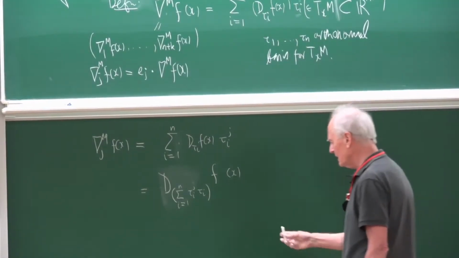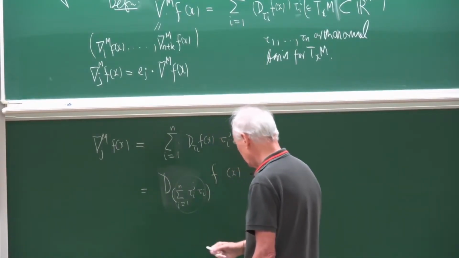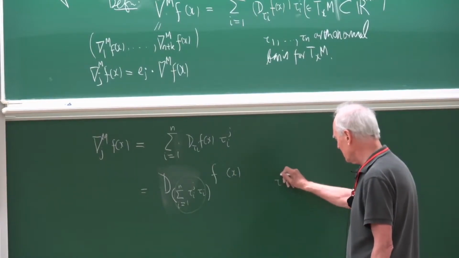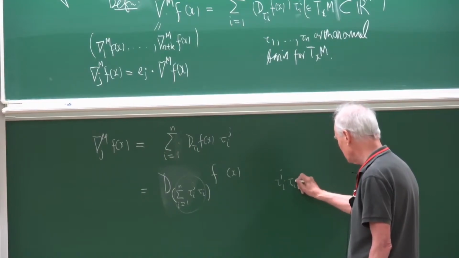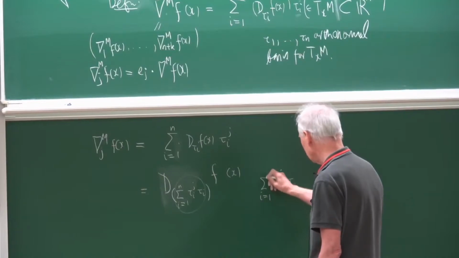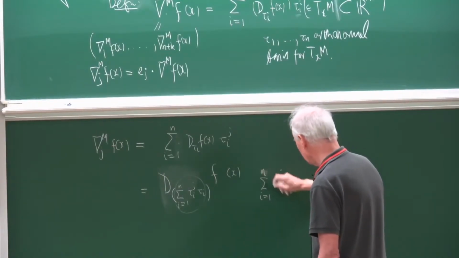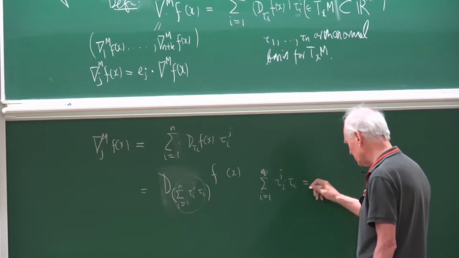And now we recognize this. That's exactly the sum of τ_ij times τ_i, summed from i equals 1 up to n, which is exactly the orthogonal projection.